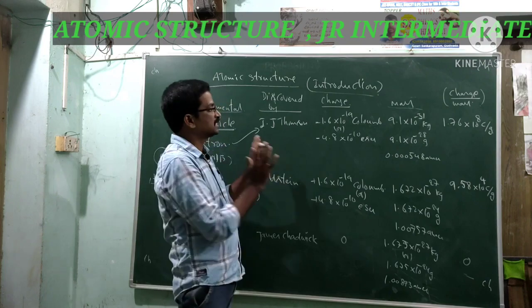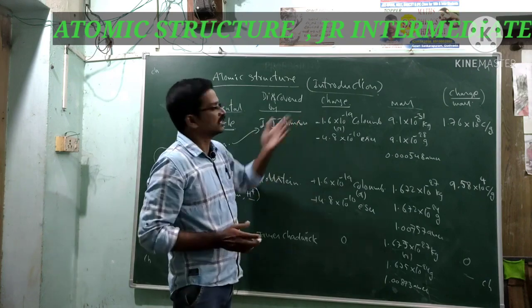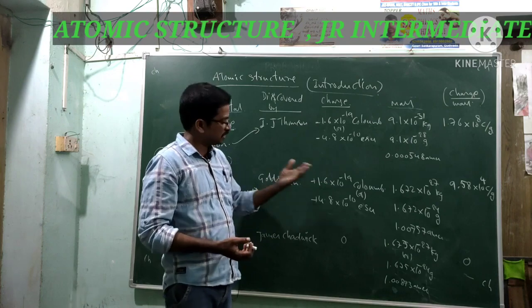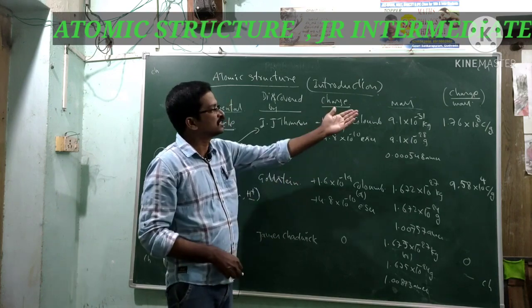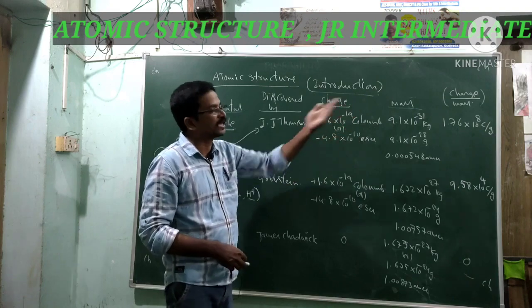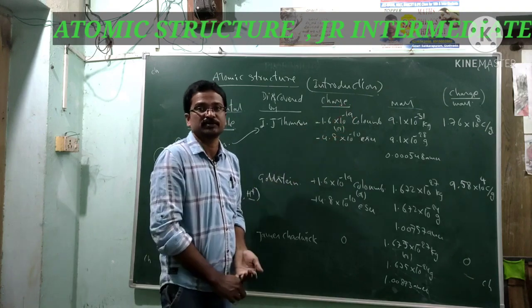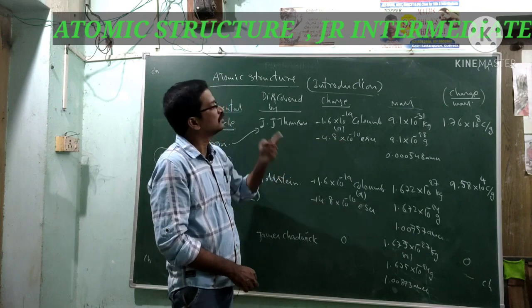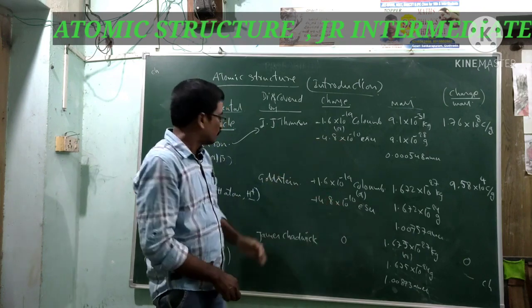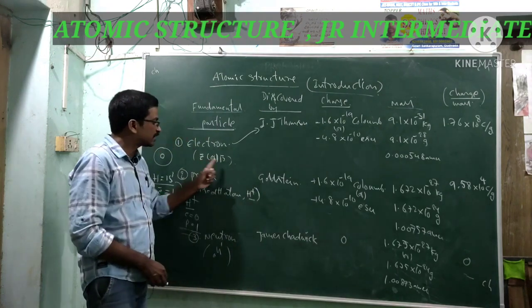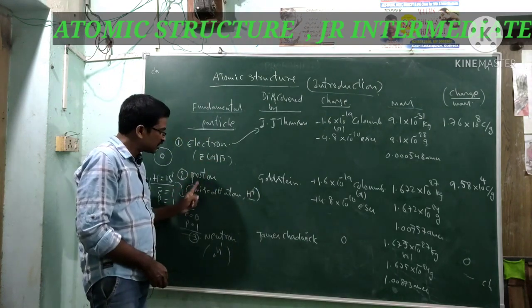If you know the basic idea of what is the charge of an electron, what is the charge of a proton, what is the mass of an electron, what is the charge by mass ratio, how do we calculate the charge by mass ratio of an electron, of a proton, of a neutron. What is the representation of an electron? What is the representation of a proton?